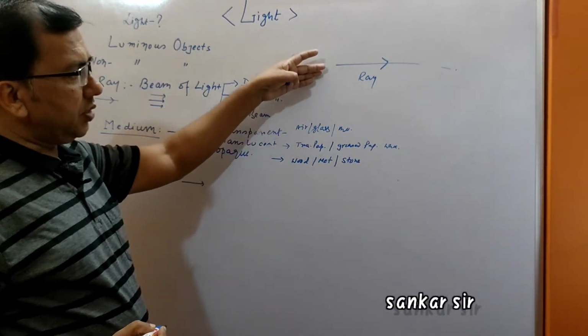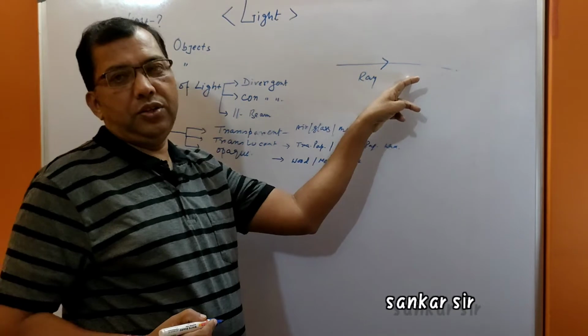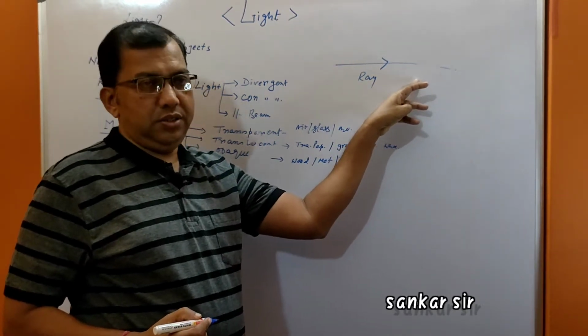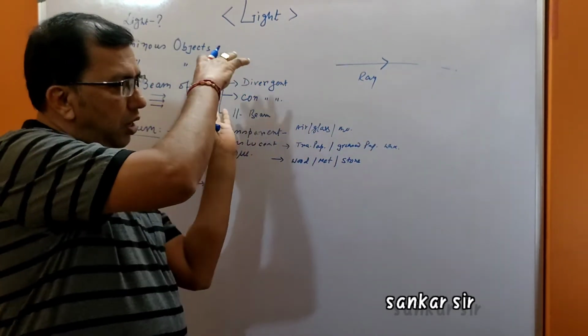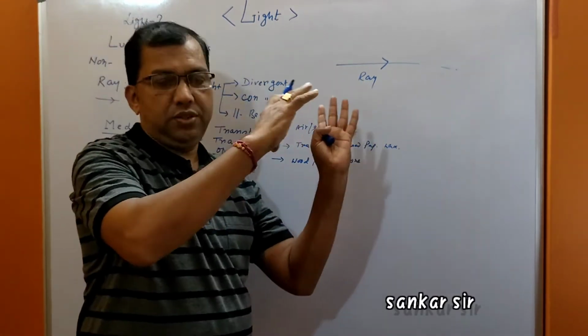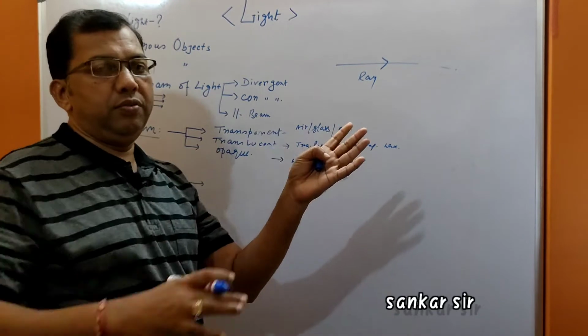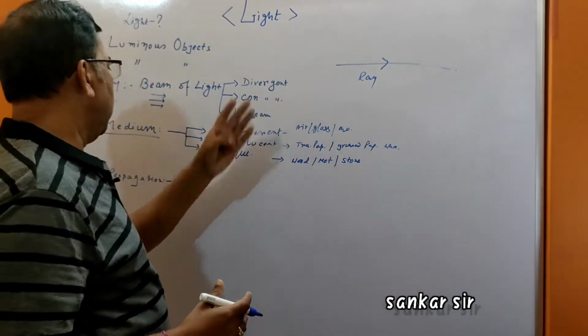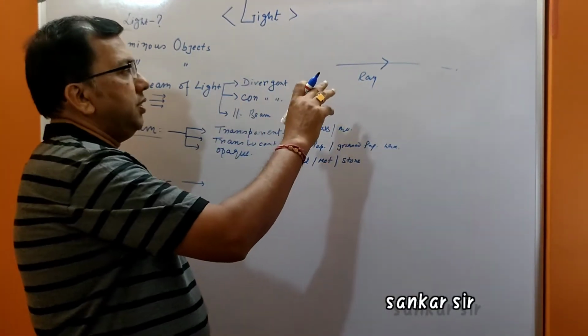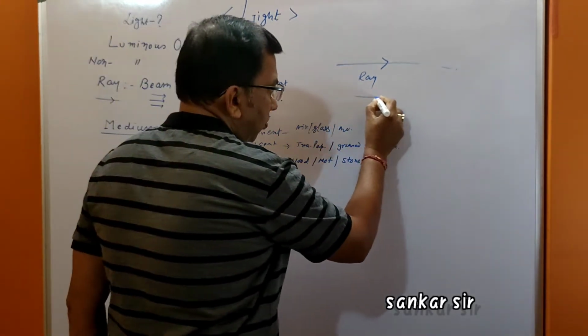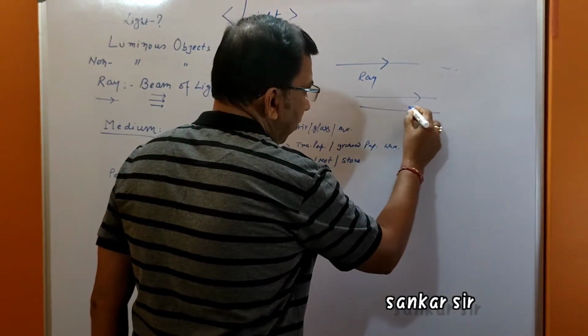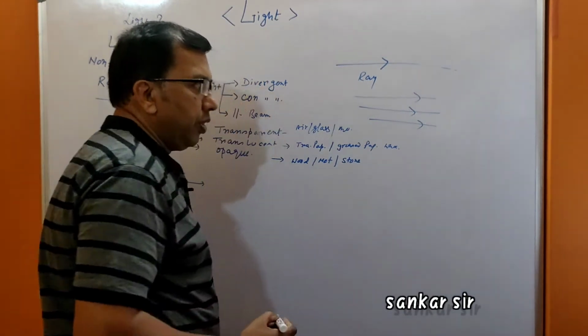But we cannot express light with only a single line, because a beam of rays is coming from a source of light. This is the beam of light, a beam of rays.